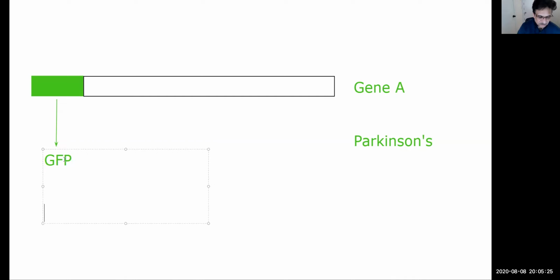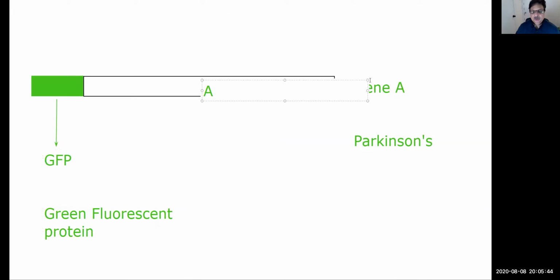And GFP stands for green fluorescent protein. Green fluorescent protein.